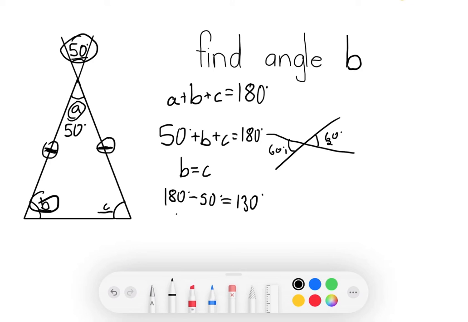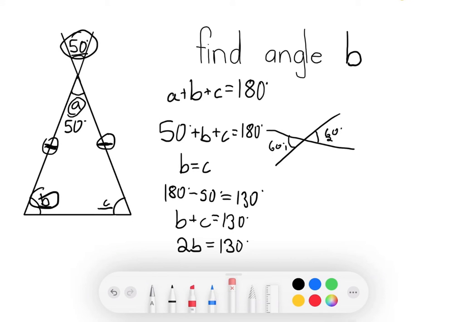So we know B plus C equals 130 degrees. Since B equals C, if we have two of the same numbers, you could also write it as 2C or 2B. So 2B equals 130 degrees.